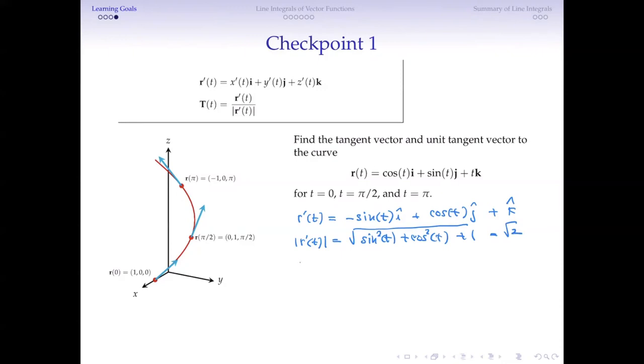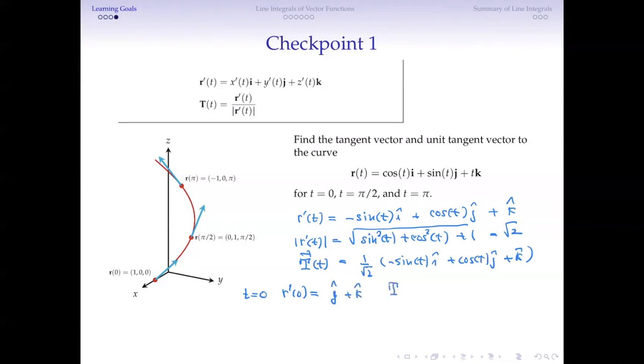That means that the unit tangent vector, which is just the tangent vector divided by its length, is 1 over root 2 times negative sine t i plus cosine t j plus k. If I now evaluate at t equals 0, the tangent vector r prime of 0 is, let's see, the i component 0, the j component 1, and the k component 1.